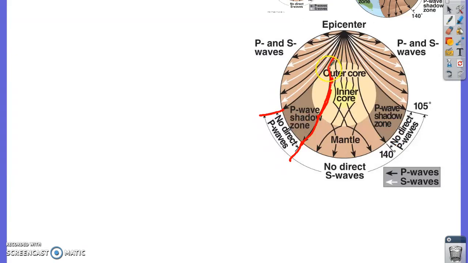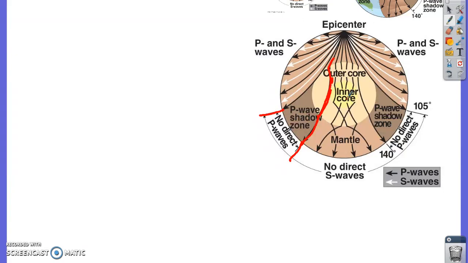They figured that must be because the waves hit this liquid area and curve. Then it got a little more complicated, and they didn't get the pattern of P waves they would expect. Because of that, they assumed it must be hitting something solid in here that was causing it to refract again. So you're going from a liquid to a solid, making them bend again. When they allowed for that, it explained where the P waves were showing up on the other side.